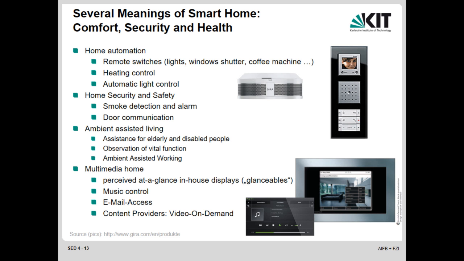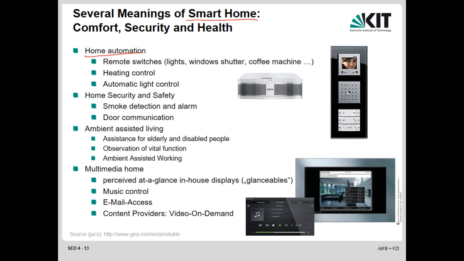Now, the notion of a smart home has been around for quite some time already. If you look at literature on smart home, you find many publications about that. Normally, smart home has to do with home automation.